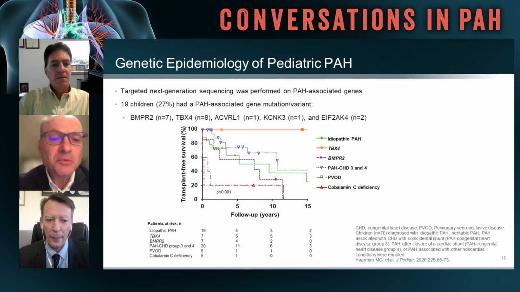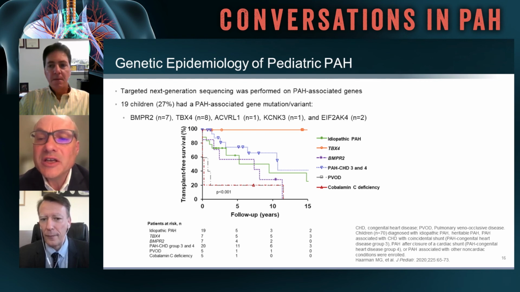But Professor Berger sort of looked at different groups and looked at the survival within those groups, and you can see that those patients in this cohort with TBX4, their survival was very good. And our data was a little different. Some of the neonates died.